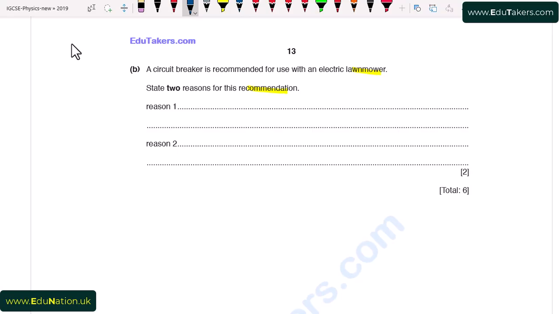So I write here because of its protection against overheating and its quick response.